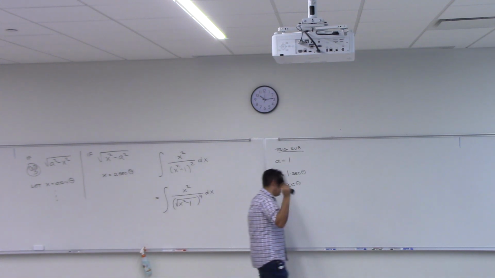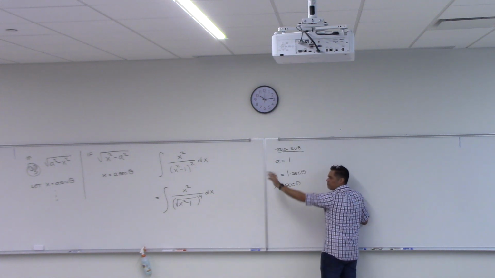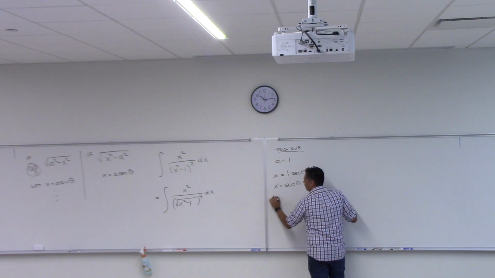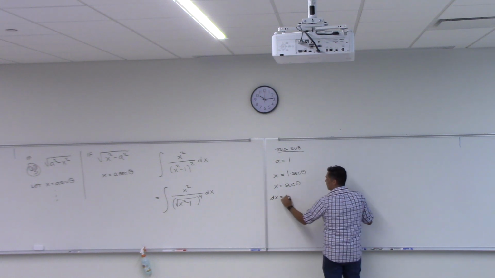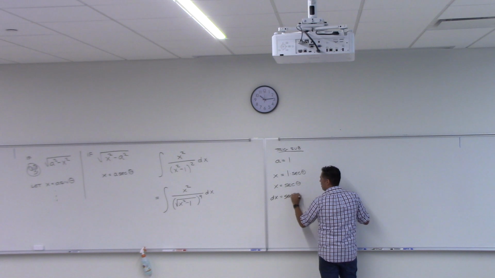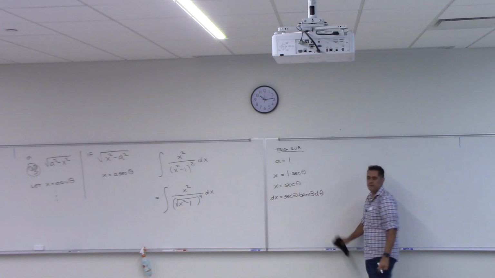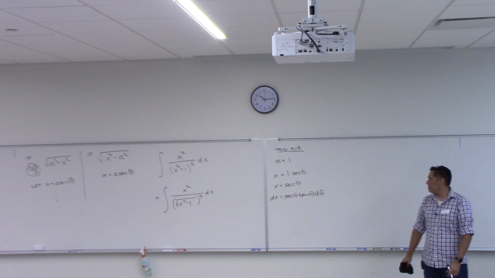What did I do in the previous problem once I got to this step? In the previous ones, I had a sine theta. What did I do next? Derivative. Okay, what's the derivative of secant theta? Secant theta, tangent theta, d theta. That's the derivative of secant theta.